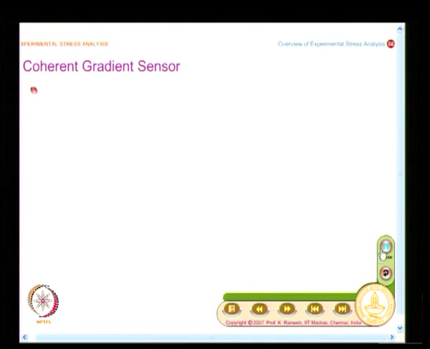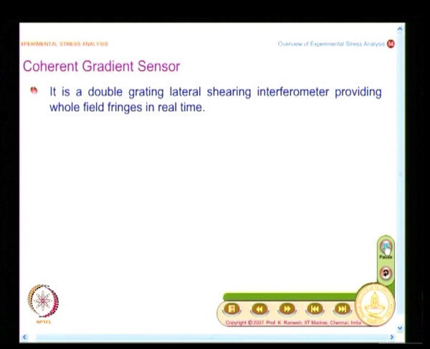What you have here is a double grating lateral shearing interferometer providing whole field fringes in real time. We have emphasized some of these concepts: whenever you look at an optical technique, you have to find out whether you get information in real time.